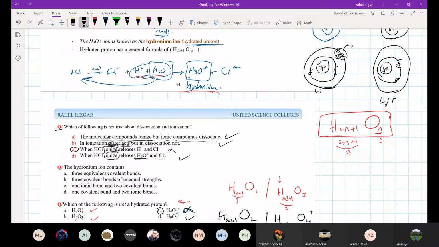If it just says separate, yes, you are right, when it separates, HCl becomes H and Cl. But HCl doesn't just separate; it will ionize. Ionization means that they will form ions and react with the solvent. So when it says ionize, it means that they have reacted with the solvent. That's why it must be H3O.